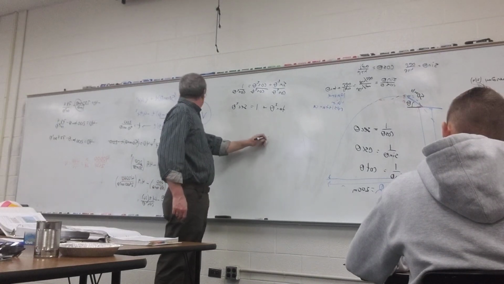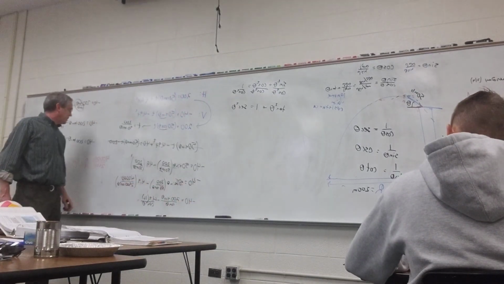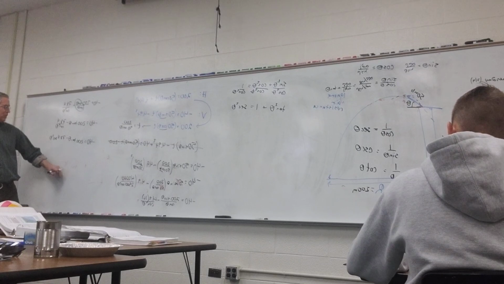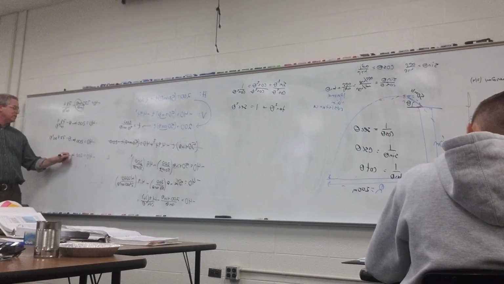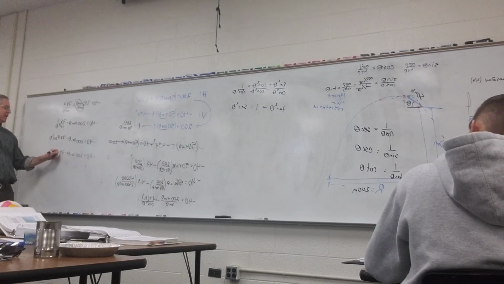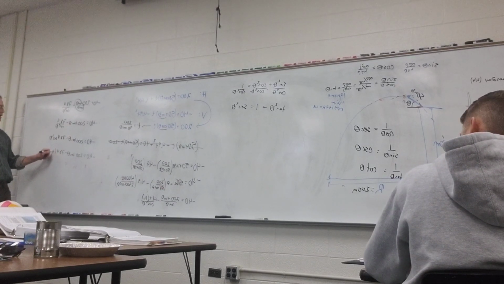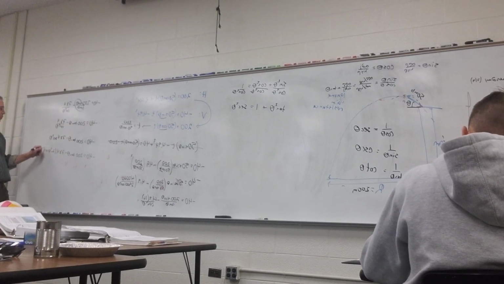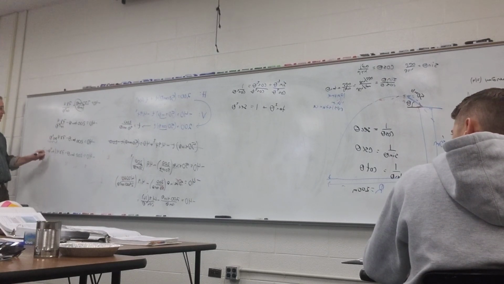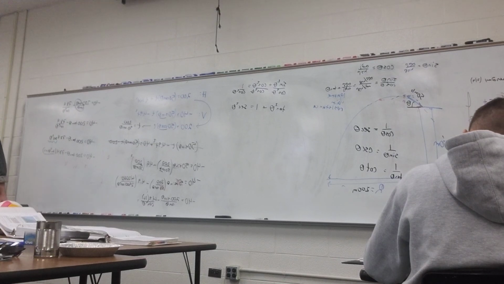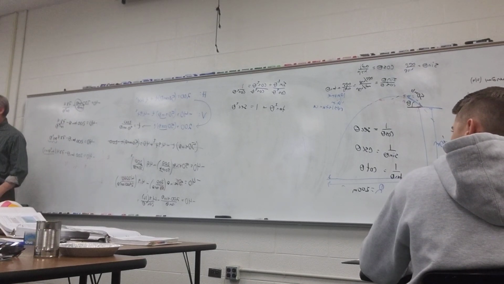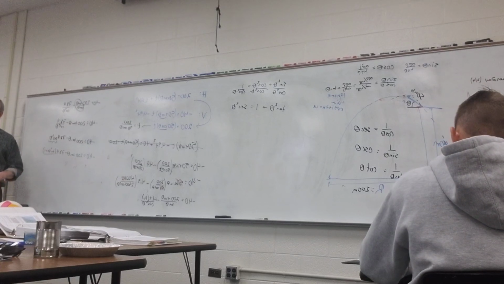So I'll probably need some room, so let me start over here. Negative 40 equals 200 tangent of theta minus 78.4 times tangent squared theta plus 1. The secant squared theta is equal to that. Now at this point, the more I write, the more likely I am to make a mistake. So instead of writing out tan theta, I'm just going to do a shortcut.